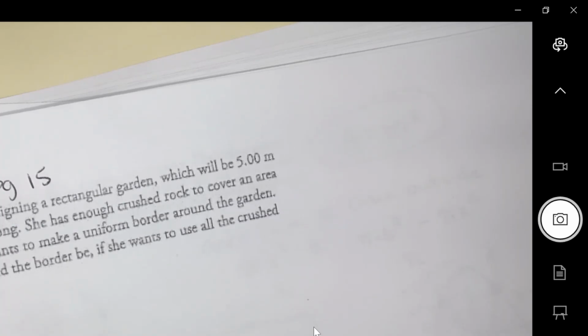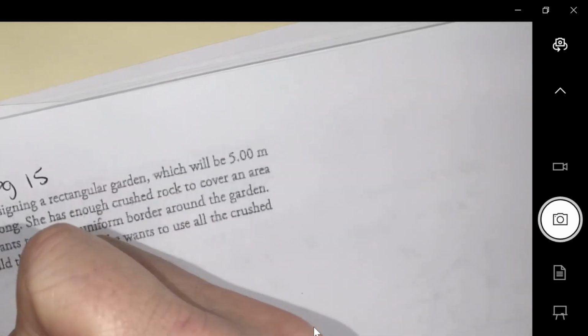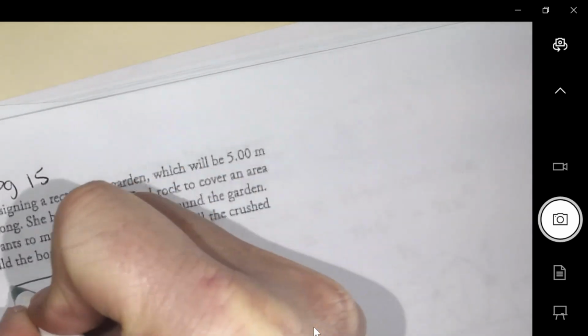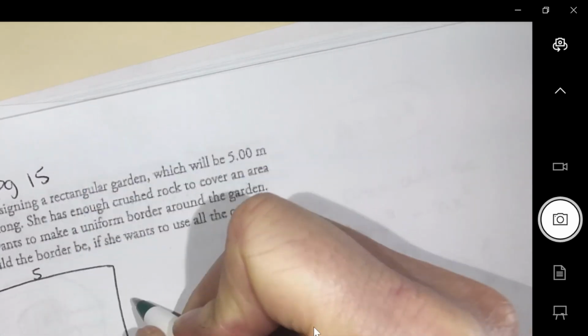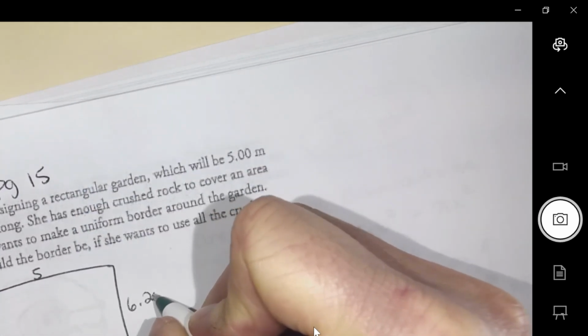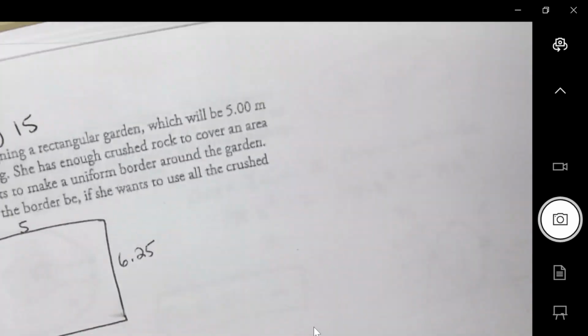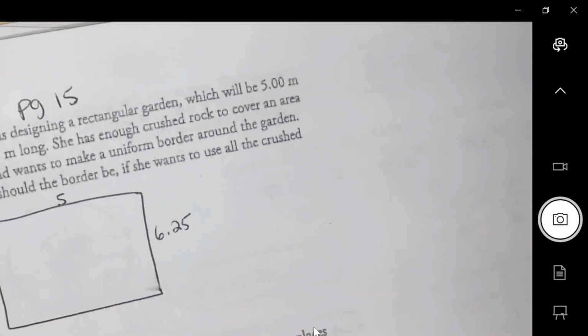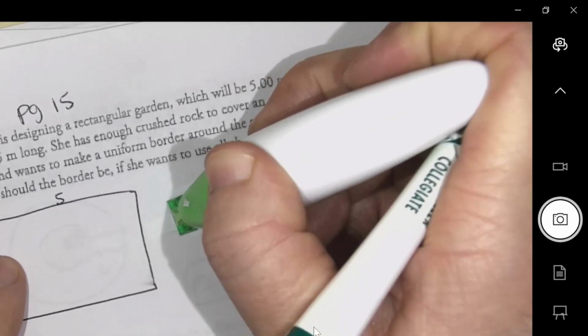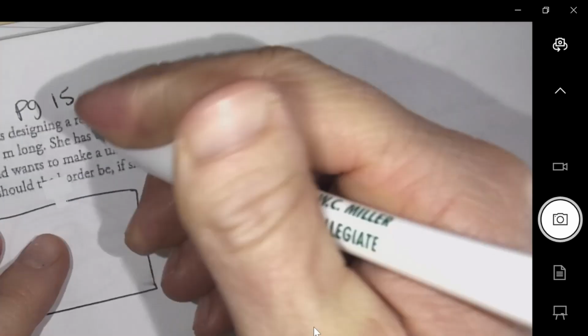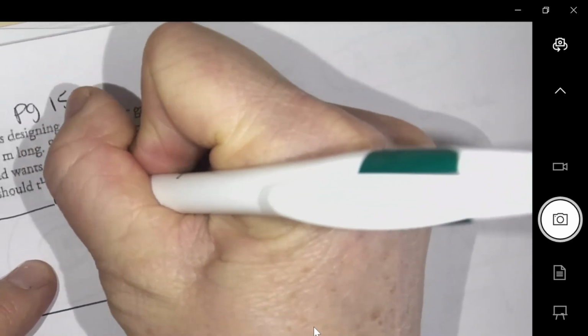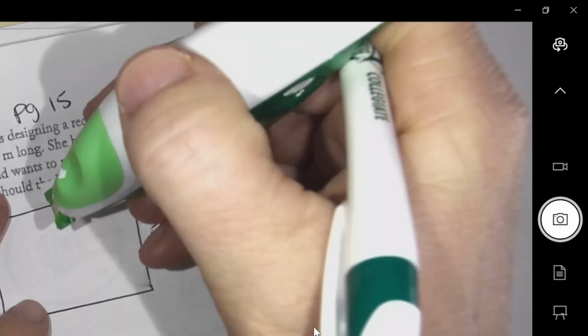Okay, we're going to make a garden 5 by 6.25. I should have put, I know, my one side is longer. I'm going to switch that because it's bothering me. You don't need to, it doesn't matter which way you go. But I did draw this side longer. Oh, it's 2.5, isn't it?